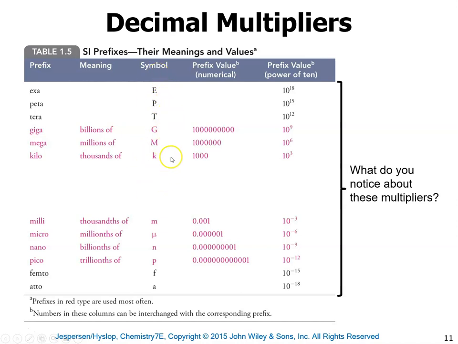So these are all getting bigger by powers of three, and these are getting smaller. These are some that you should know, at least milli, micro, nano, especially on the smaller side. Most chemistry labs don't get into the picos.